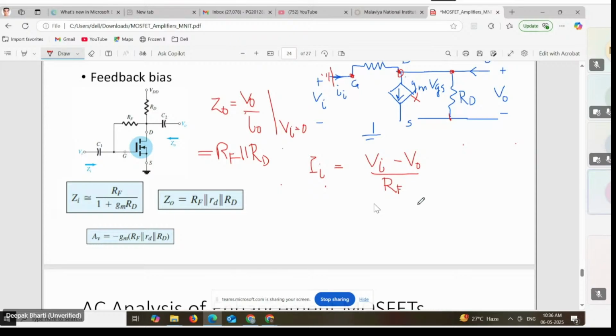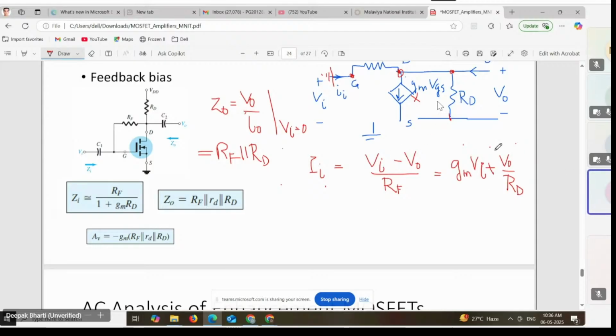And what is this? It is also equal to Gm Vi plus V0 by RD. These were the only two equations that we had written earlier.